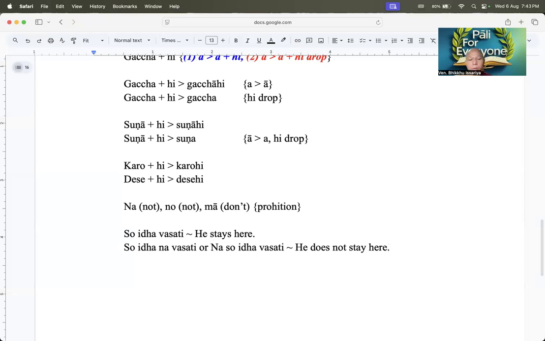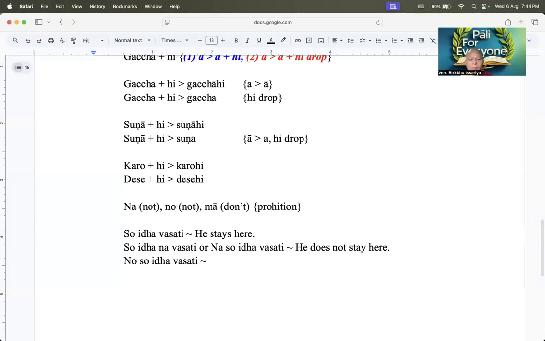So now when we use no also, so no idha vasati. The same meaning. So commonly na is at the very beginning of a sentence, not before the root or the verb also.